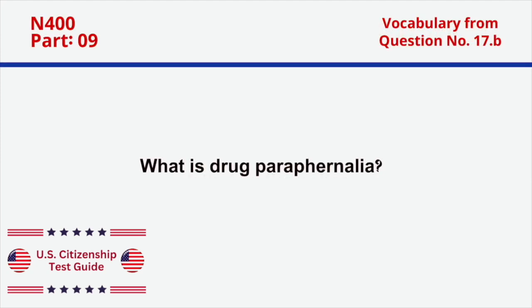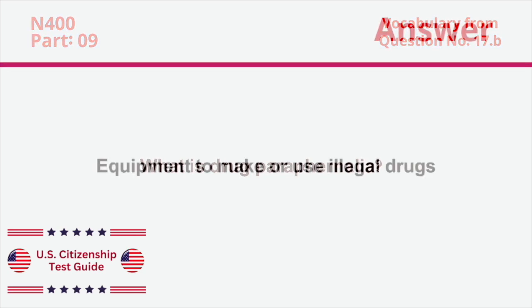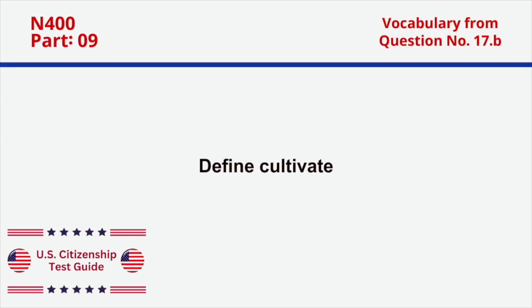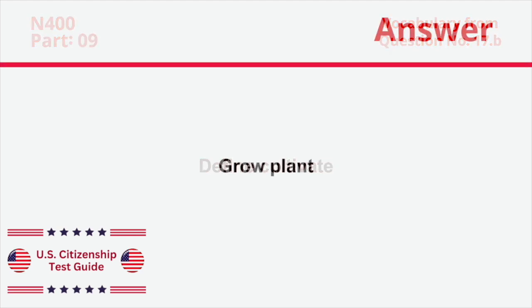What is drug paraphernalia? Equipment to make or use illegal drugs. Define cultivate. Grow plant.